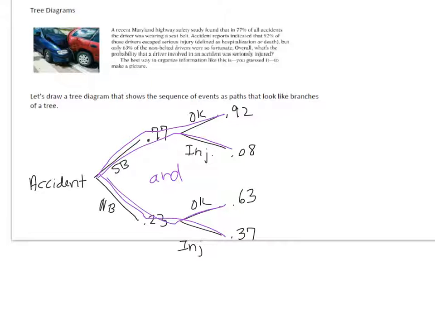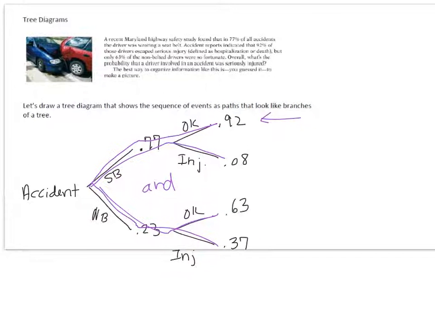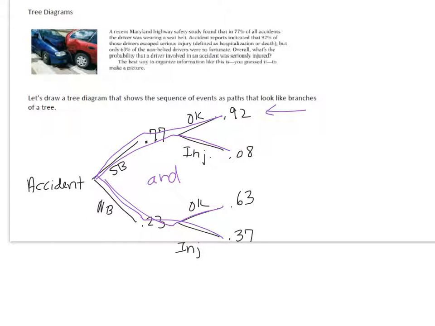So if I want to generate the probabilities for each of these branches, so the event of seatbelt and okay, oops, let me get my pen back. That would be seatbelt and okay. Should just be the product of 0.77 and 0.92.